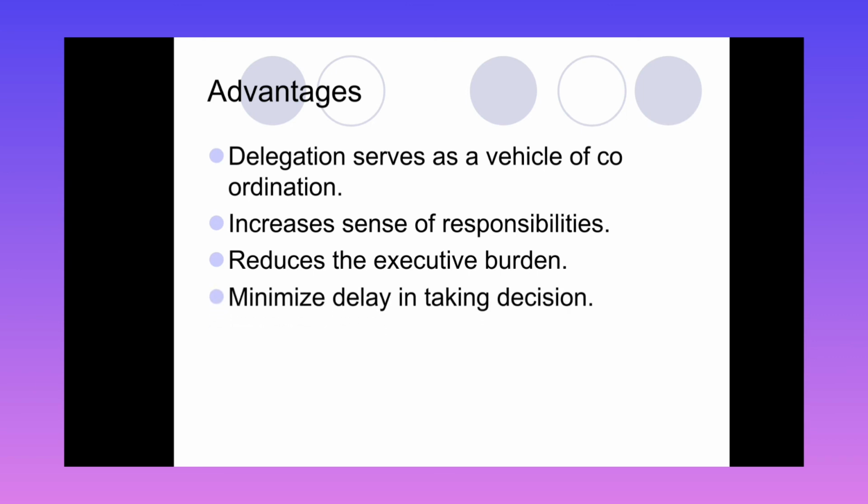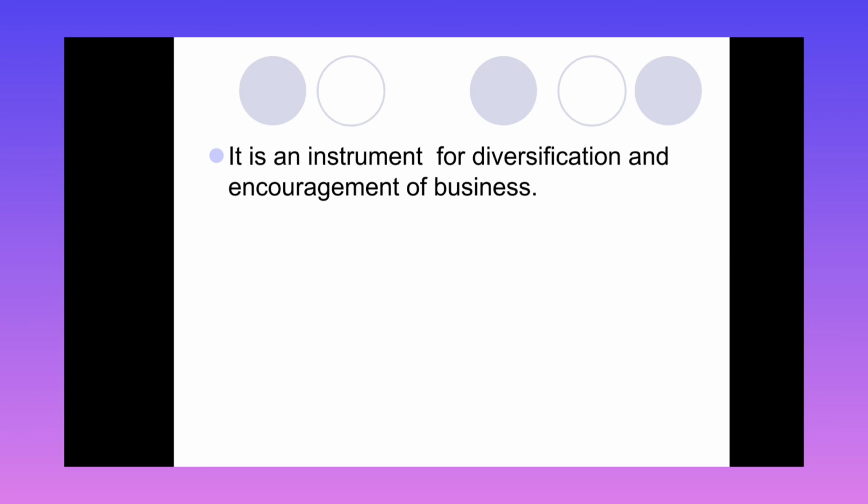Then delay in taking decision can be minimized. That's very important. At a time കുറേ ടാസ്ക് ചെയ്യാൻ പറ്റും. Then it's an instrument for diversification and encouragement of business. The growth is there, that organization gets improved growth, the production, or especially in the healthcare system. കാരണം subordinates have a variety of ideas and innovations.